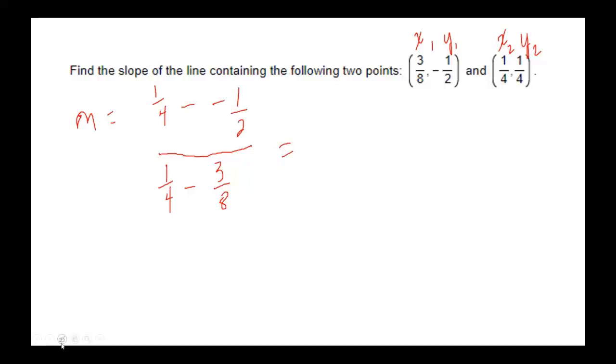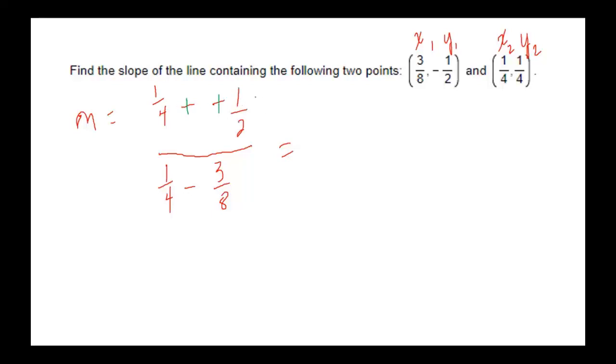Now again, because we have that minus a negative, that does make it the same as positive, so we can change those signs along the way there. So 1/4 plus 1/2, of course you're welcome to use your calculator with the fraction key. I'm just going to kind of go through this.